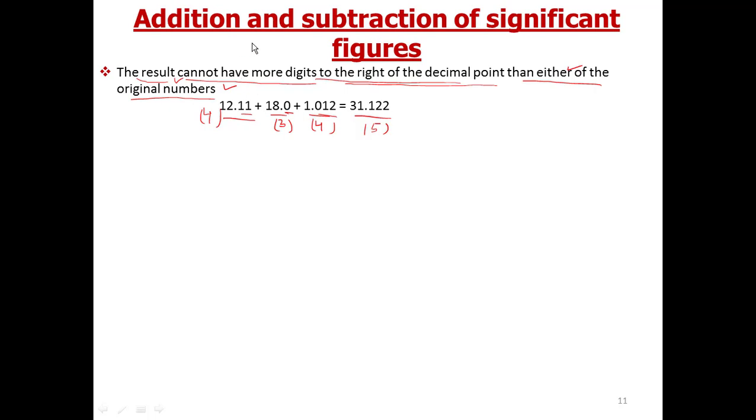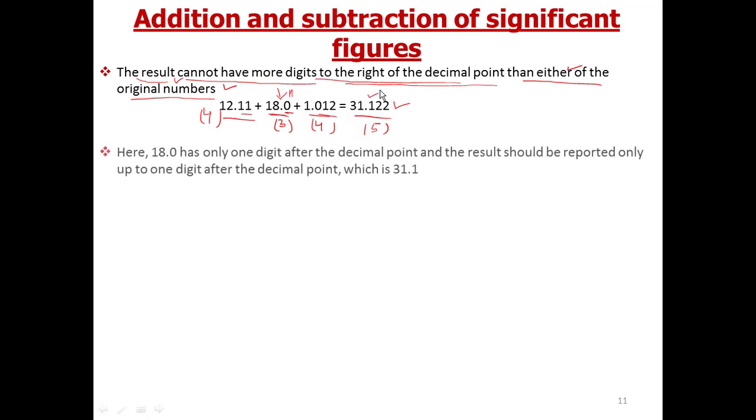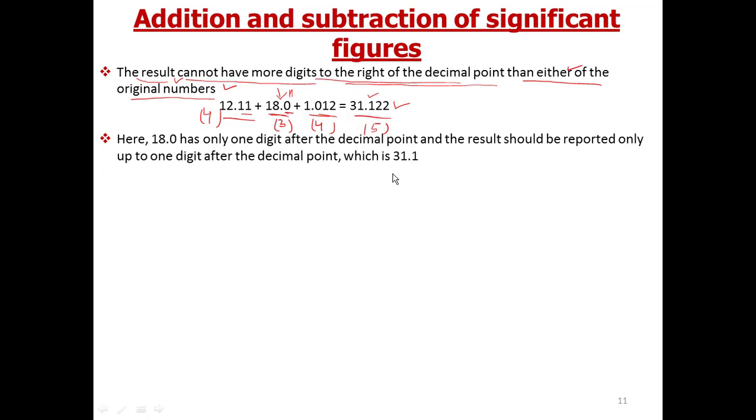So we have to choose the original number with the minimum digits after the decimal. This number has only 1 digit after the decimal, so our result cannot have more than 1 digit. So this result will be represented as 30.1.